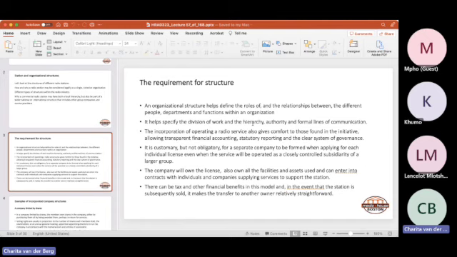So I don't know, like a gold version of it that only plays oldies, or something like that. So the overall company will own the license, also own all the facilities and assets used, and can enter into contracts with individuals and companies supplying services to support the station.